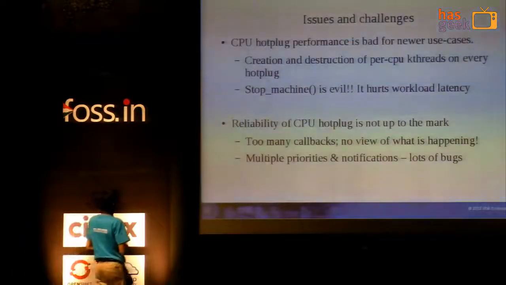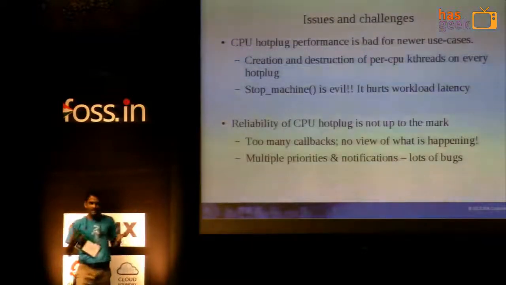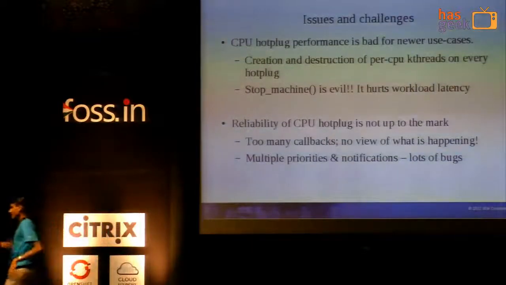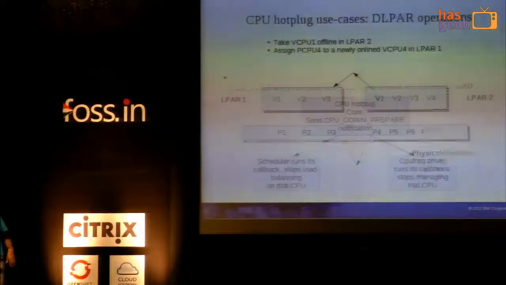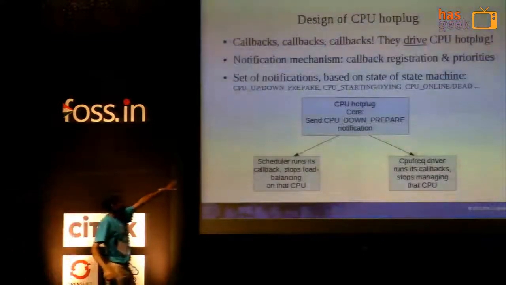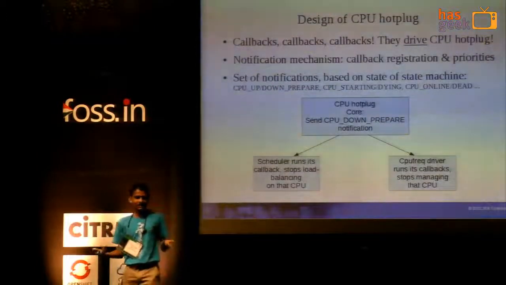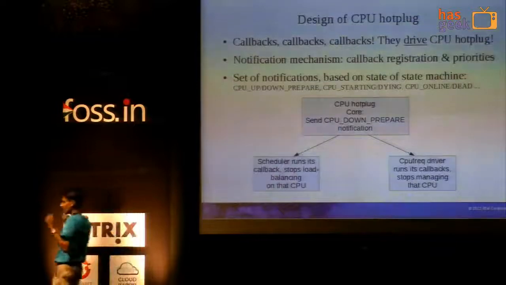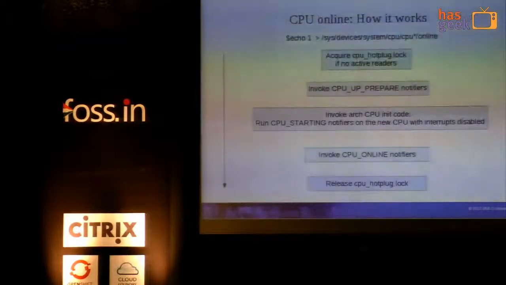Reliability is also not up to the mark because everything is based on callbacks. All the core code knows is that it sent the notification. What happened at the other end, it doesn't know. It doesn't have a global view of what is happening to take the CPU offline or online. That leads to a lot of bugs.